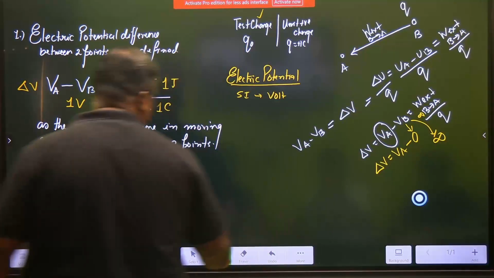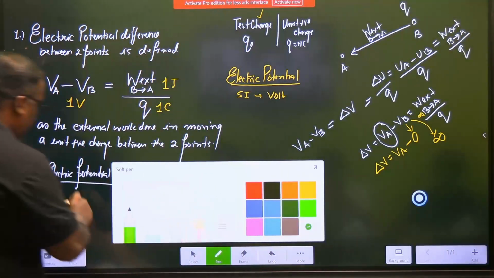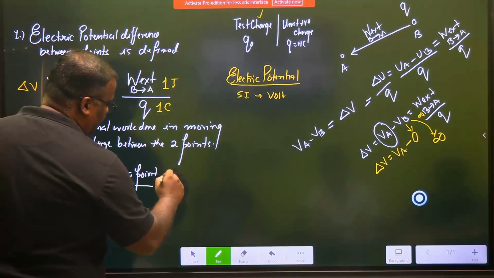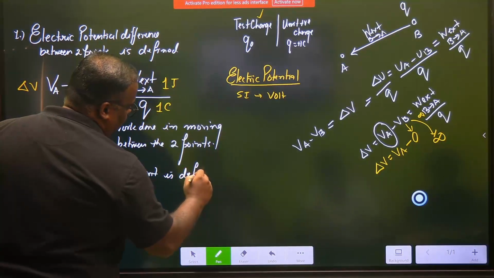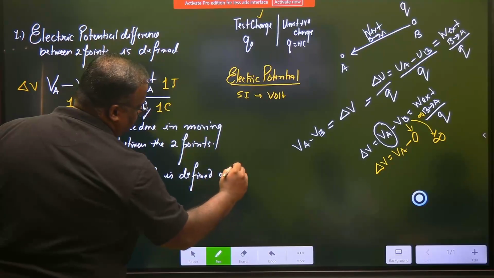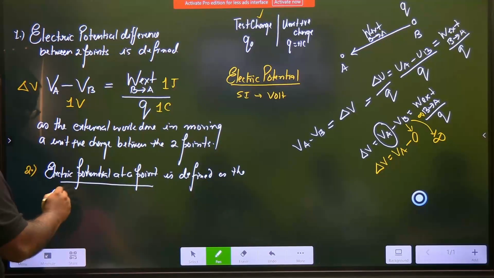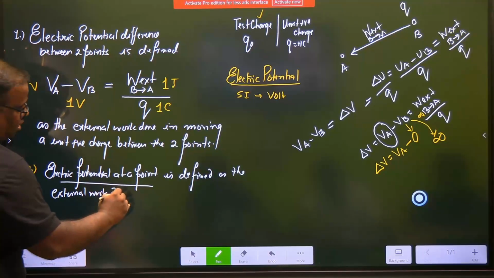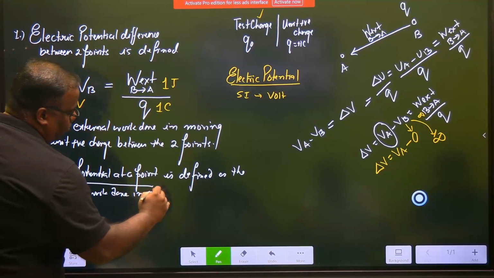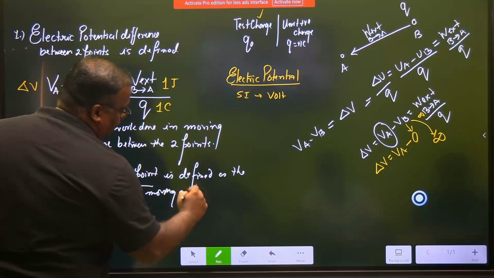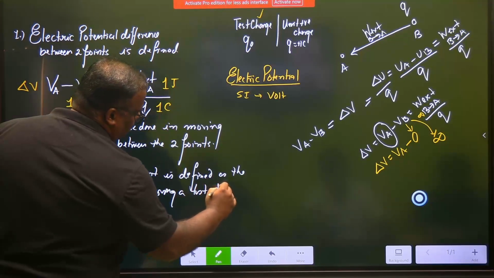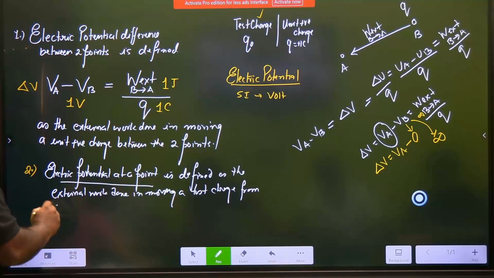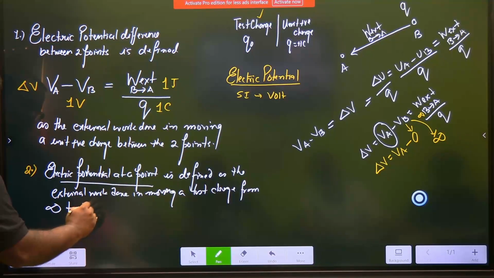So now we write: electric potential at a point is defined as the external work done in moving a test charge from infinity to that point.